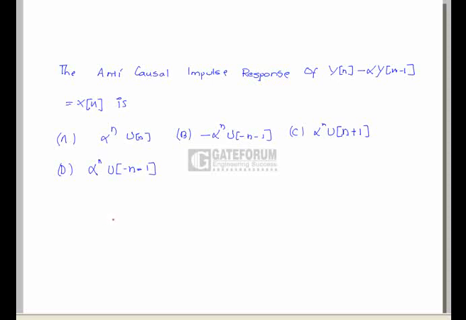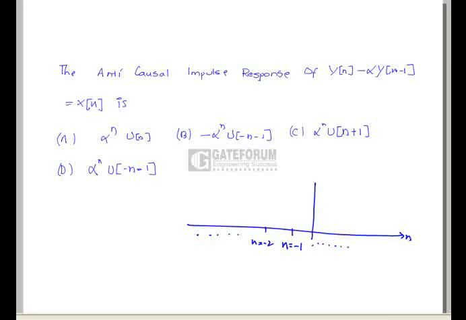Question is, the anti-causal impulse response of y of n minus alpha y of n minus 1 equals x of n is. Here anti-causal means the impulse response exists or is non-zero only for n equals minus 1 and minus 2, on the negative integer axis, whereas for 0 and greater values of integer n, the impulse response is 0.